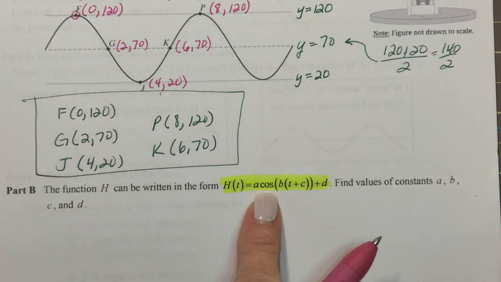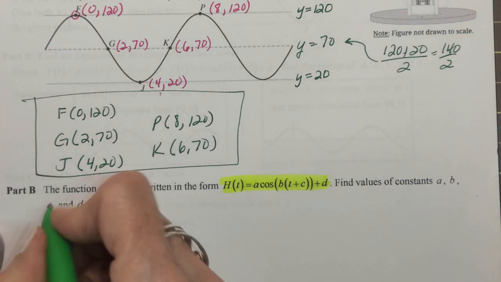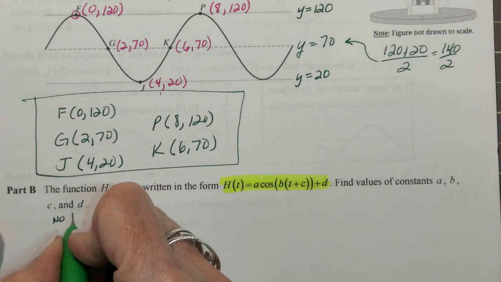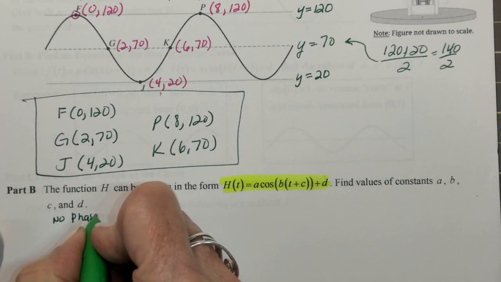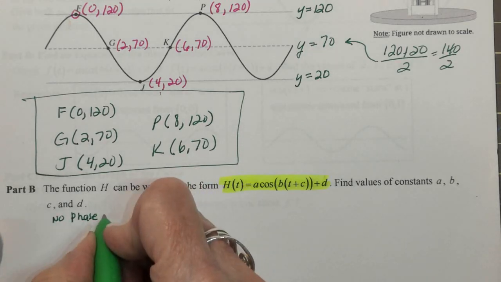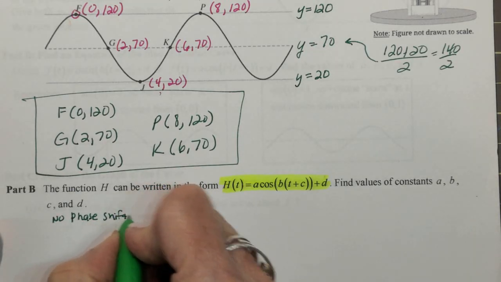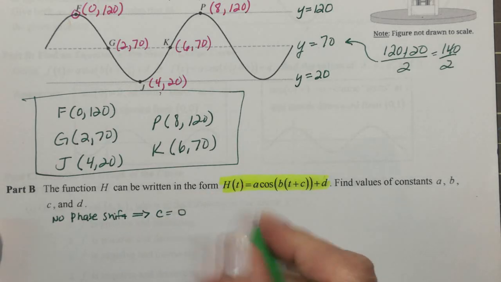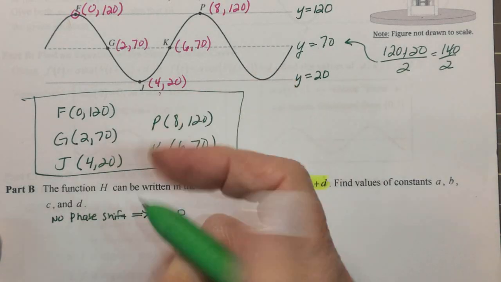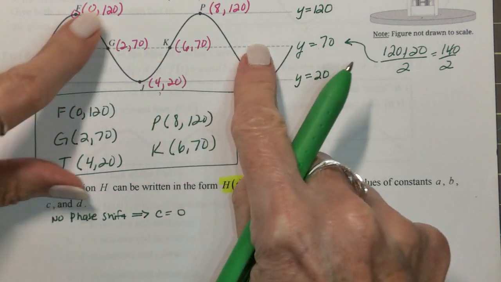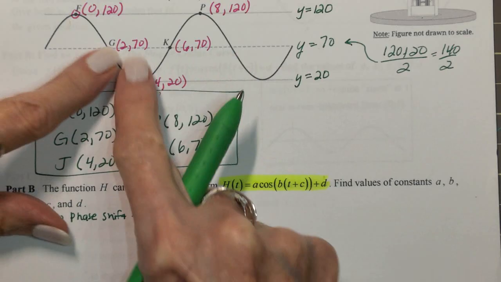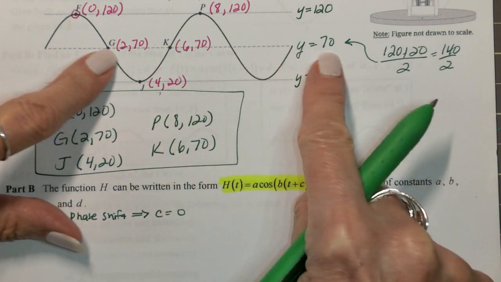So we have no horizontal shift, no phase shift. Remember, phase is horizontal. So C is 0 this time. But we are shifting up, and we're shifting to the middle. Remember, we're not shifting all the way to 120. The D value is just the middle, right?